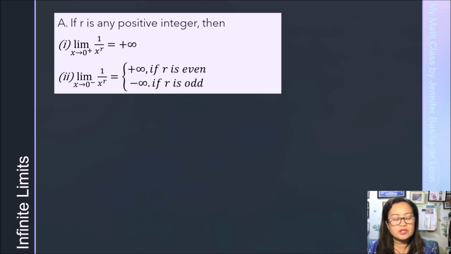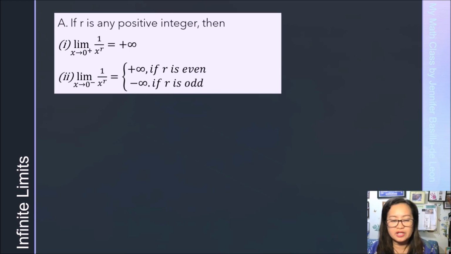Now, understanding this further, if x approaches 0 and we evaluate the given limit through f of a, take note that we will have an indeterminate form.